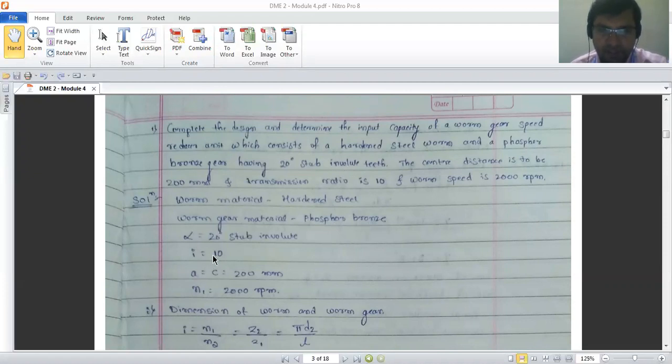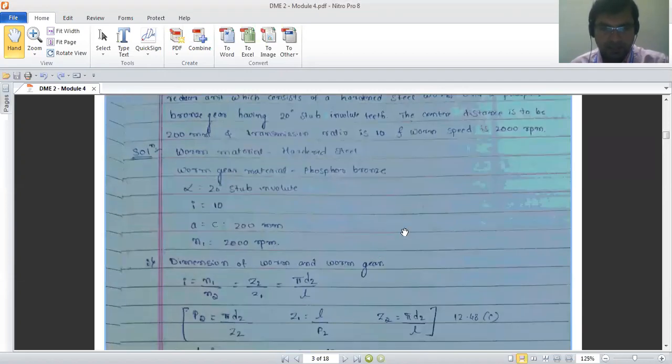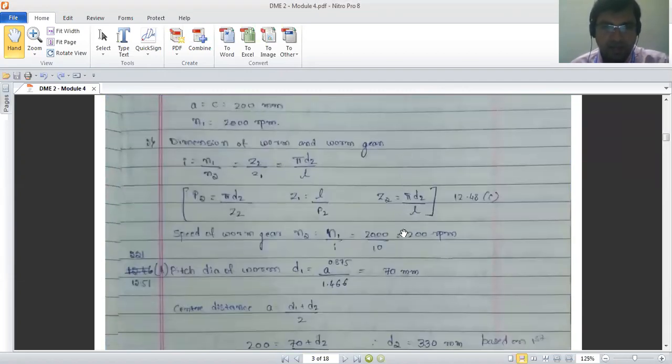The transmission ratio is given as 10. The center distance between the worm and the worm wheel, represented as A or C, is given as 200 millimeter. The RPM of the worm is given as 2000 RPM. So with this input data, we are solving the problem.